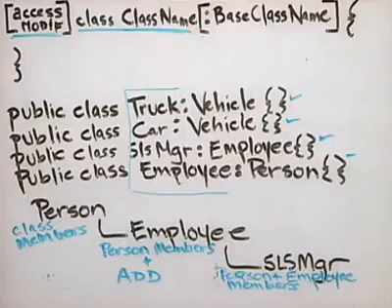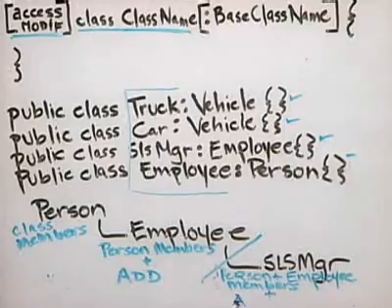Now keep in mind that employee and person can decide which members they're going to share with sales manager. So employee or person can hide certain members that they don't want inherited. And then sales manager can add on top of that its own members.